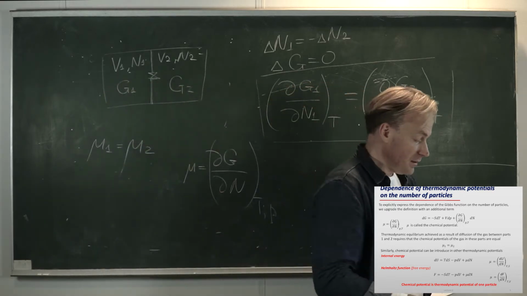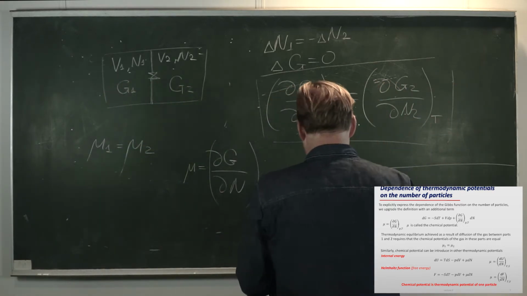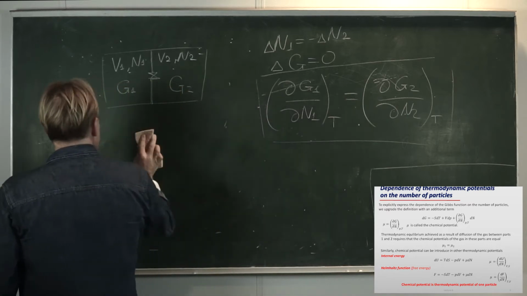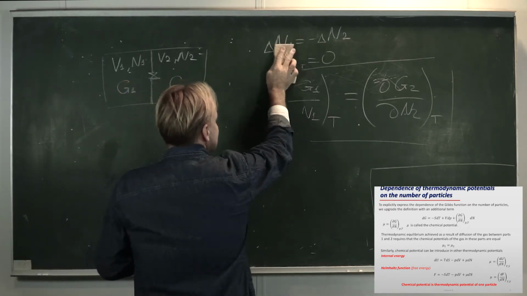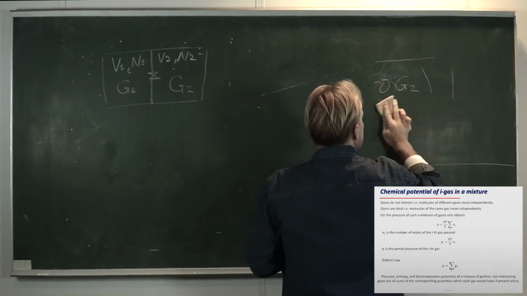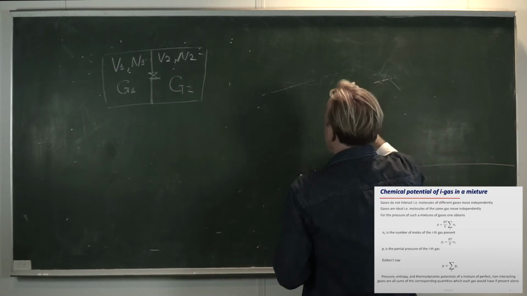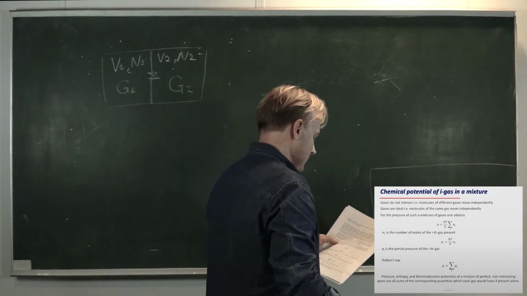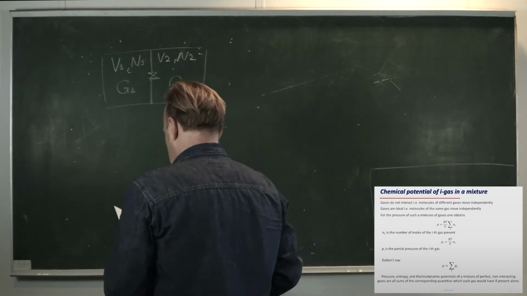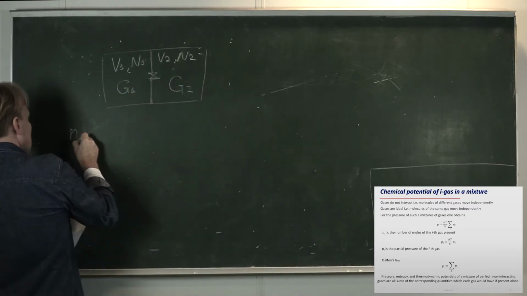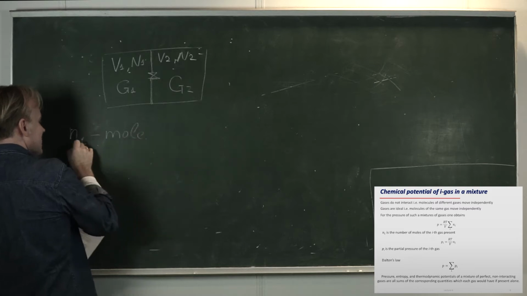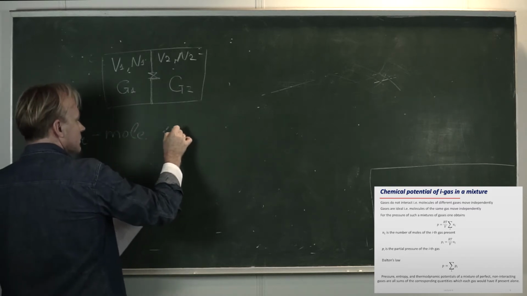As an exercise, let's calculate the chemical potential for the case of a mixture of ideal gases. We do this for a specific component of this ideal gas. So we'll call Ni the number of moles of ideal gas i.